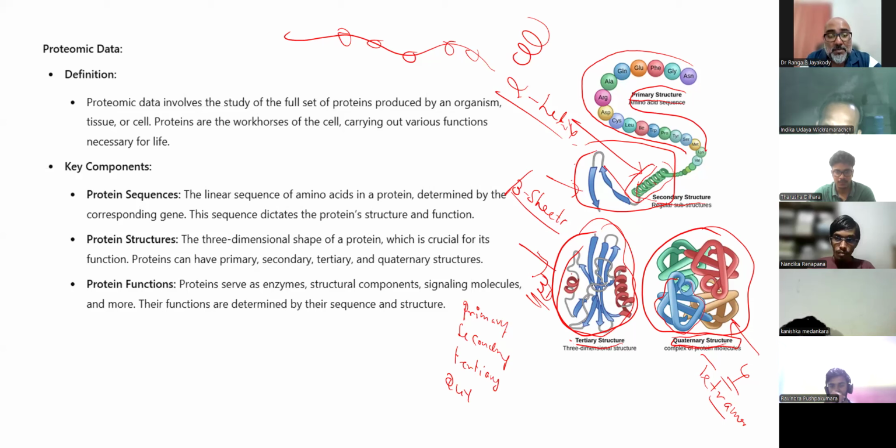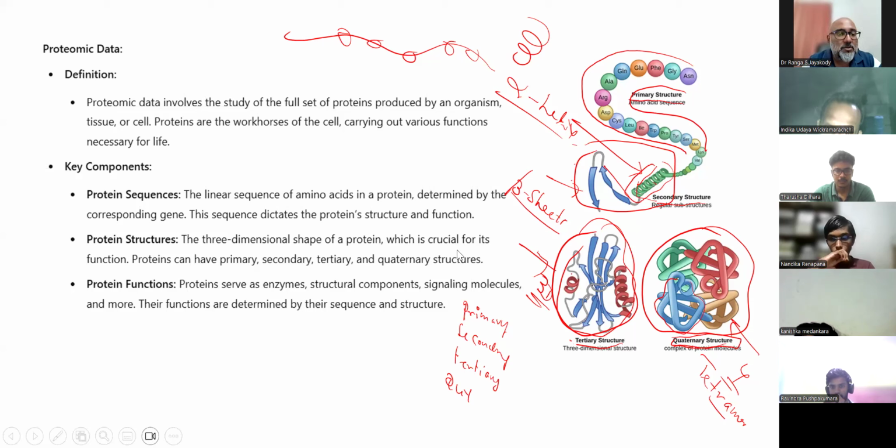You have trimers. It can be homotrimers, that means three identical units, or they can be hetero. They can be three different types of units. So right, you can have then tetramers. So most of the time that's all. We don't see more than 4 units aggregating. So we see about 4 units aggregating.